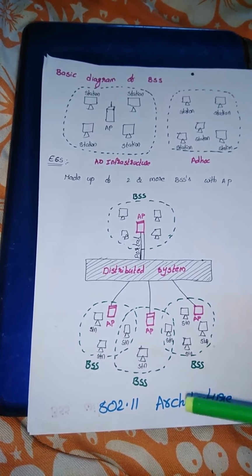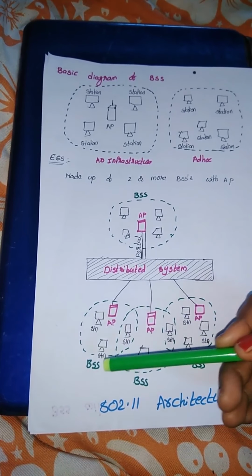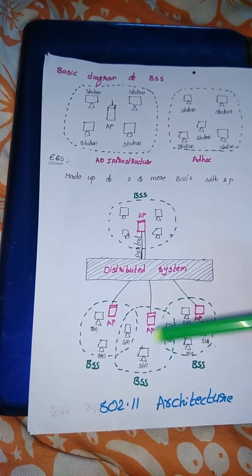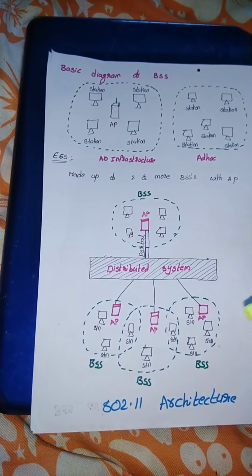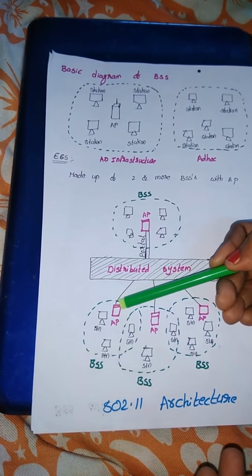What I am concluding is that whenever stations have to communicate with stations in another BSS, the station must transfer the data to the access point only.